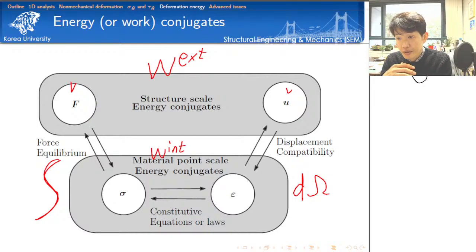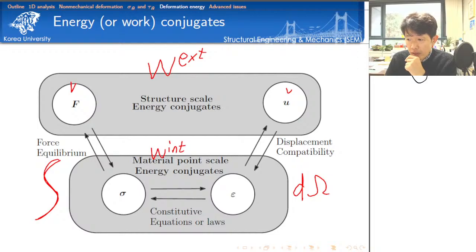I just explained to you the concept of energy balance between the external work and the internal work, okay? So starting from the work done by the traction, we are able to derive the expression of deformation energy density, okay? And then this diagram provides us many pieces of information.